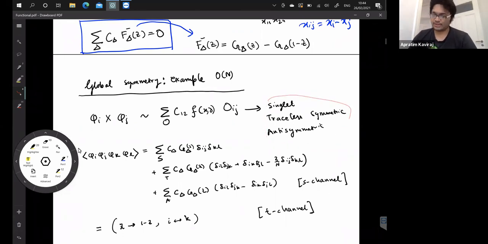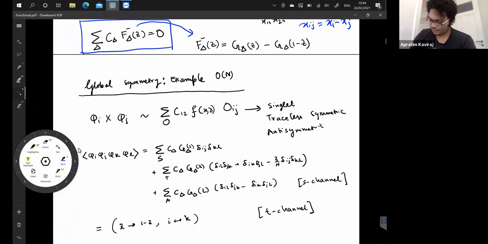So here I'm working with the ON models. As I told you, it's just for simplicity, and you can take any global symmetry you want, and the working is very similar.